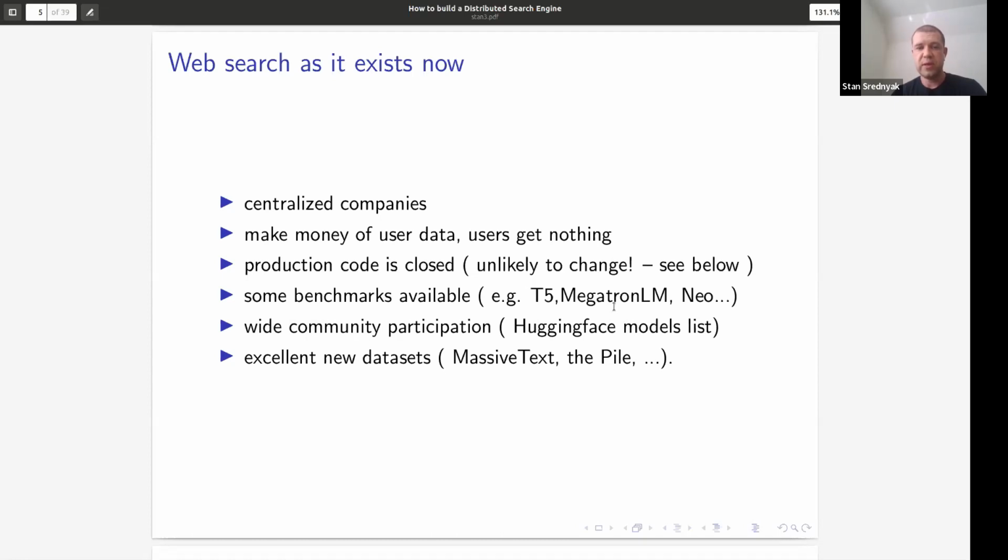We also see wide community participation. For example, Hugging Face has very many models contributed by the community. And last but not least, excellent new data sets were created, and they are still being created. People are working actively on creating new data sets, and we are working actively on creating new data sets, as I will talk about below.